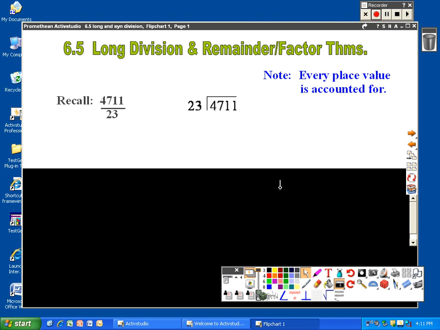So we always took the divisor and put it on the outside, and we put the dividend on the inside. And this is what's amazing to me, is that a lot of people found division hard, and I believe it's because you never thought about looking at this first digit.